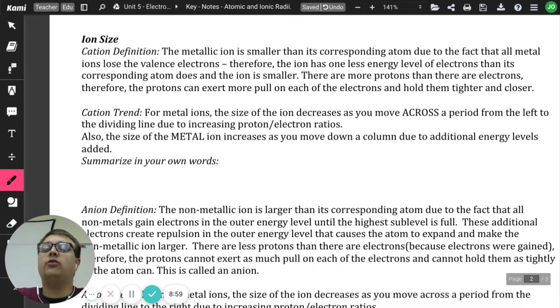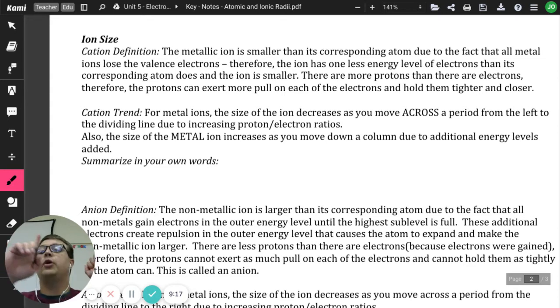So ion size, we're looking at the ion of an atom. Okay? Now what does it mean to be an ion? Well, remember it means that you've gained or lost electrons. So let's take a look at what that's going to do in terms of affecting our size.